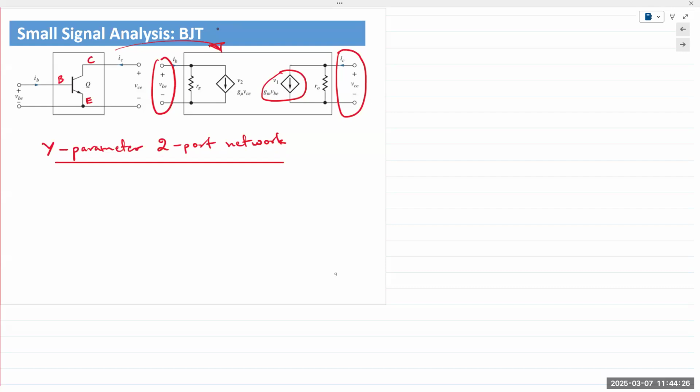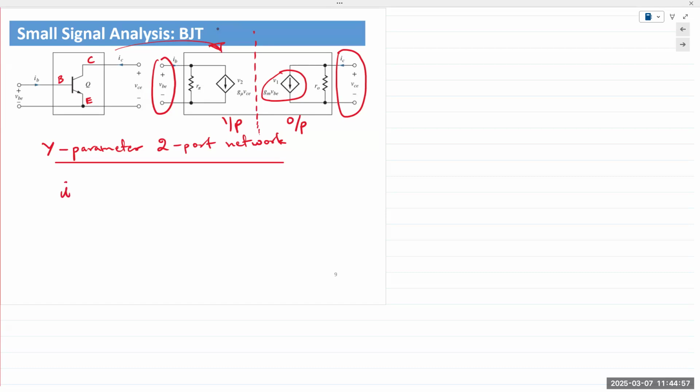And so let's write equations for all of them. If we break the circuit up, we represent the left side as the input, right side is the output. On the input side, we have G mu VCE. Output side, we have GMVBE. So both of those are dependent currents, and the dependency is on the voltages on the other side, respectively.